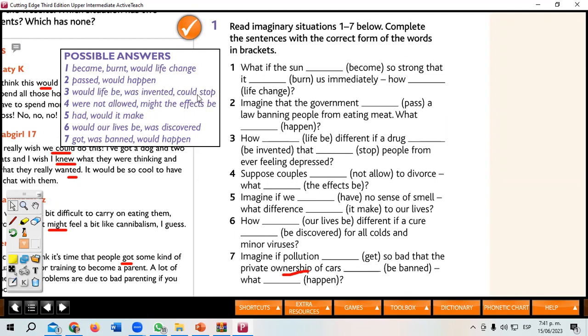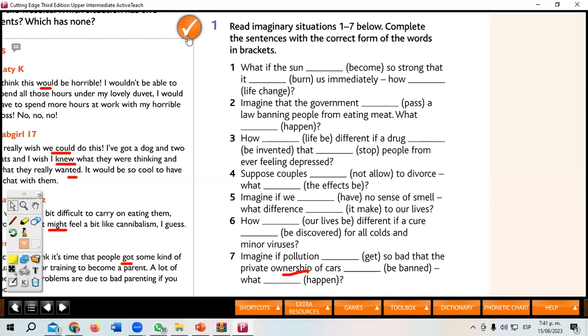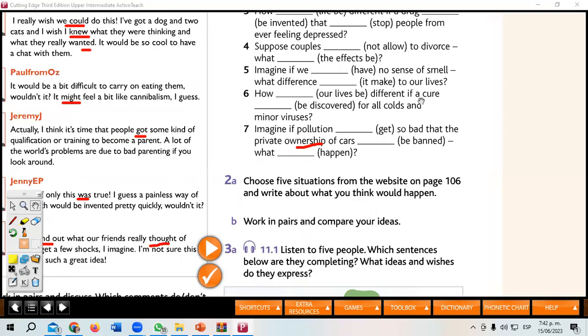Podría ser cualquiera de las dos, ¿ok? Aquí, could stop o stopped. Weren't allowed. Might the effects. Puede ser cualquiera, ¿ok? En este caso, con el would o con el might, podríamos usar uno o el otro, ¿ok? Don't worry if the answers are different. Had, would it make, would our lives be, was discovered, got, was banned, and would have. Okay, do you have any questions about this? It's clear?